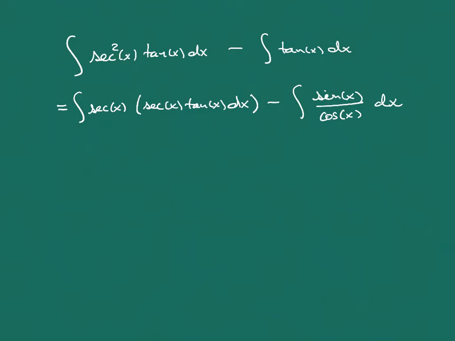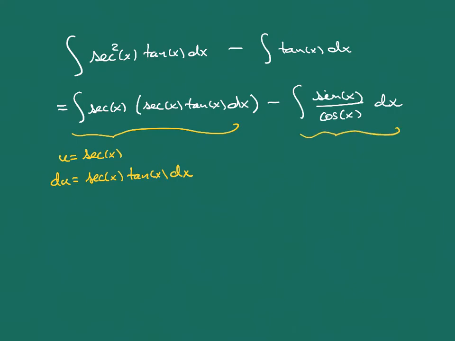So for the first integral, what we want to do is a u substitution with u equal to secant of x, so that our du becomes secant of x, tangent of x, dx. For the second integral, we want to do a u substitution with u equal to cosine of x.